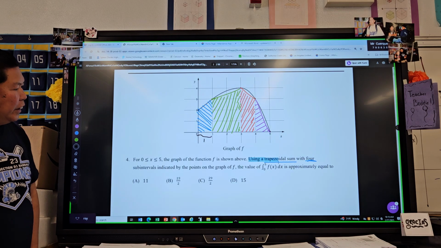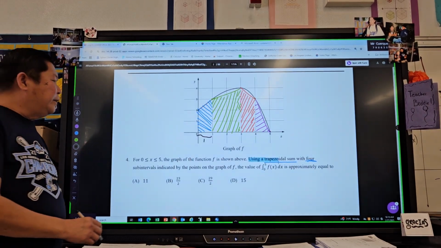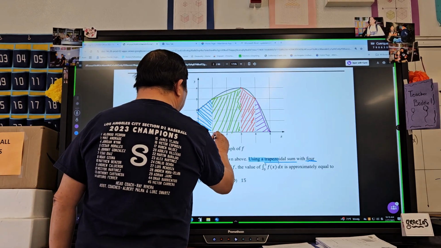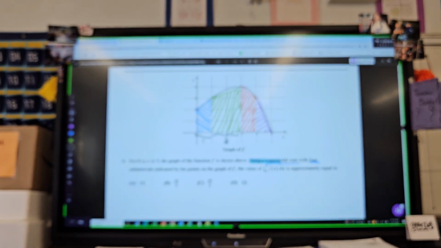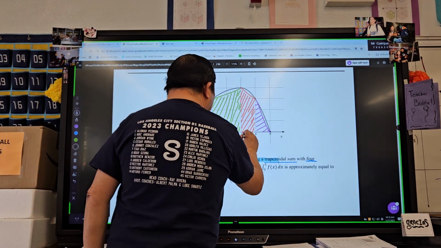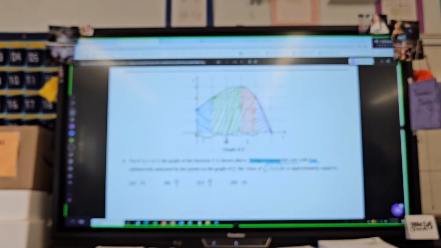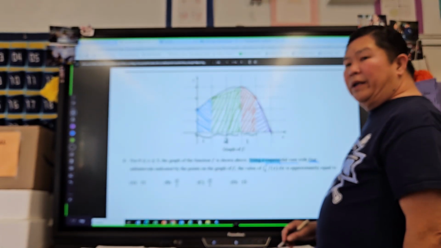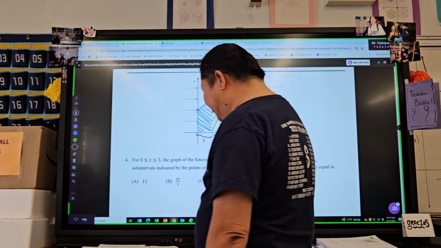And what is the height of the second one, the green color? 2. The height is 2. What's the height from interval 3 to 4? It's gonna be 1. And how about from 4 to 5? It's gonna be 1 also, right? Okay, 1.